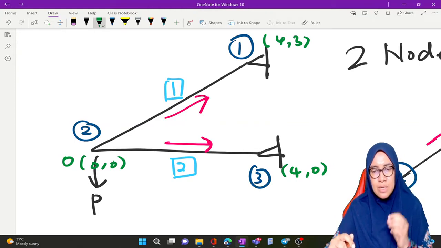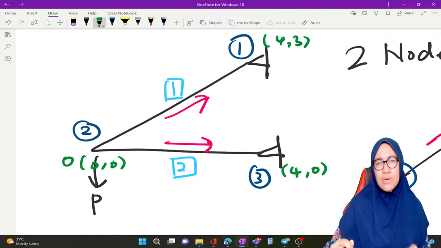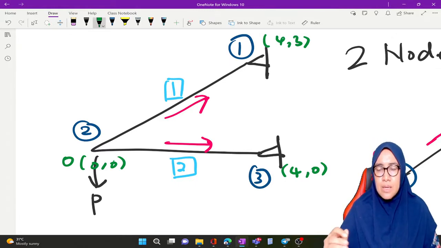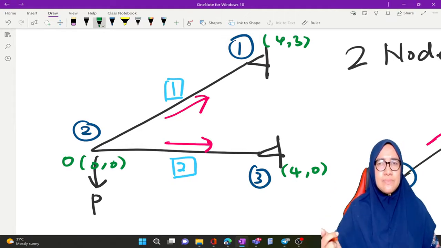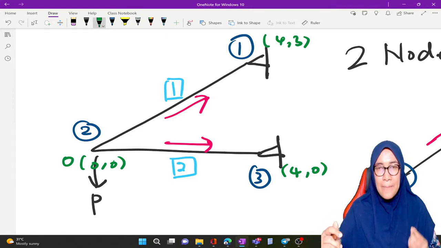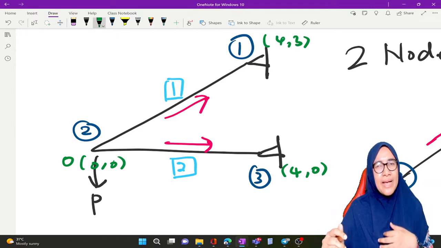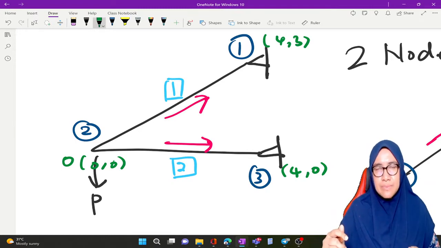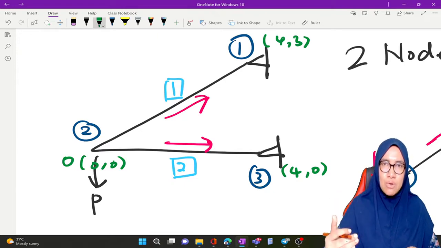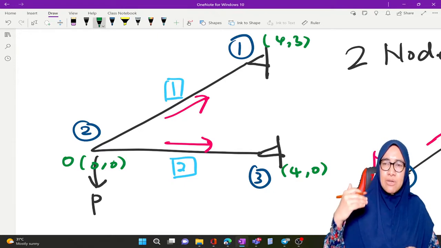Why did I choose 2 as origin? Can I choose 1 as origin? Or can I choose 3 as origin? The answer is yes, but when I choose 1 as origin, 1 will be 0, 0.